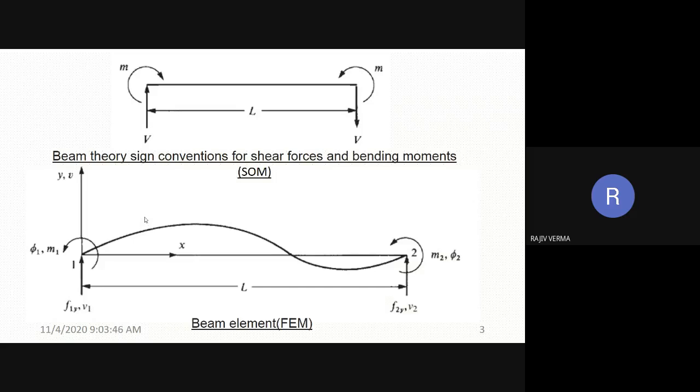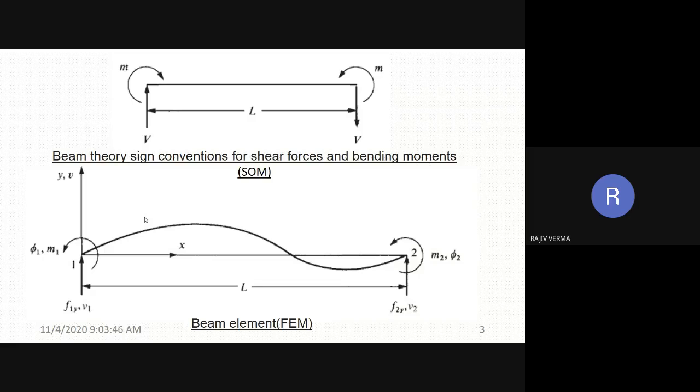But when we deal with the FEM beam element, that is going to comprise of two nodes, node 1 and node 2, the direction of both forces is going to be positive along the positive y direction.